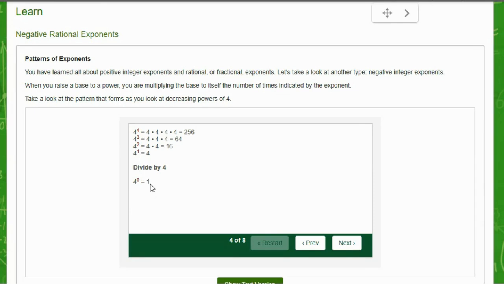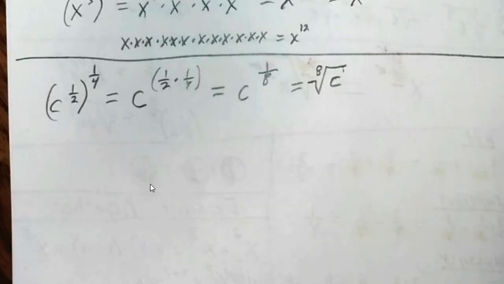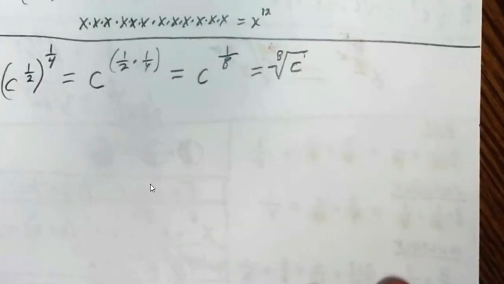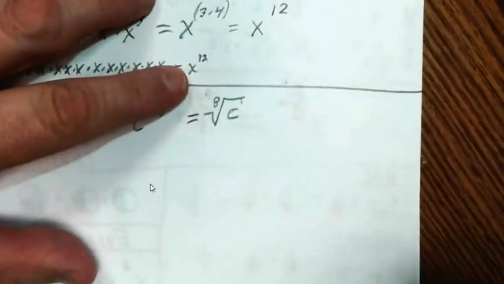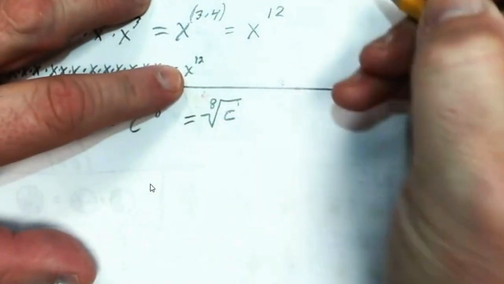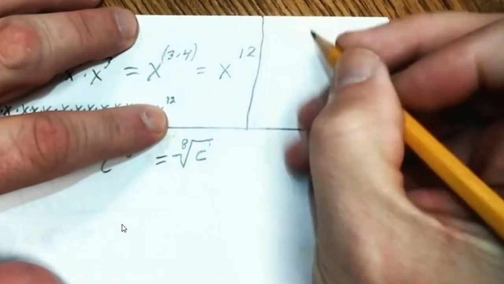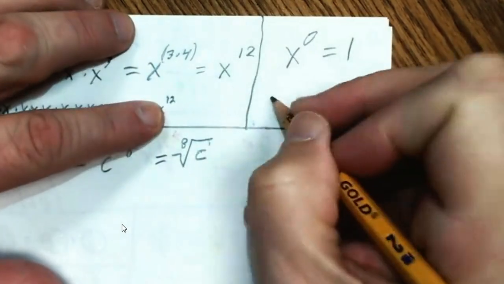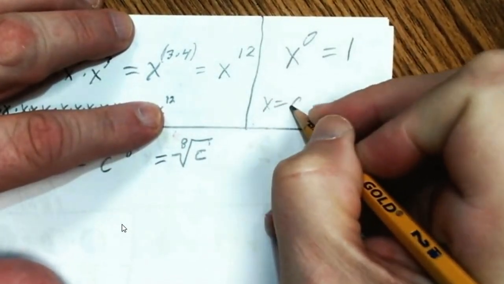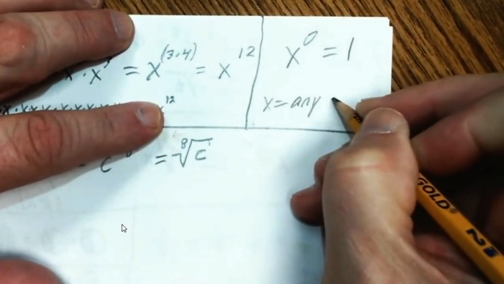Well, that's a good thing to have as a reminder in our notes. Let me get my pencil back over here. Let me draw a line here. X to the 0 equals 1, where X equals any number.